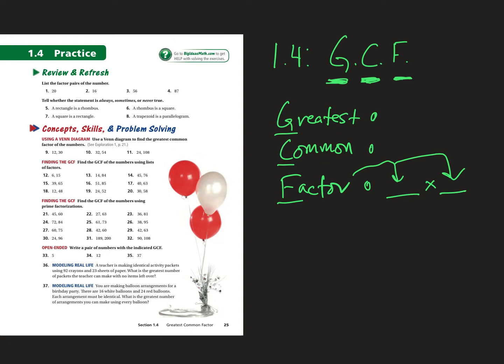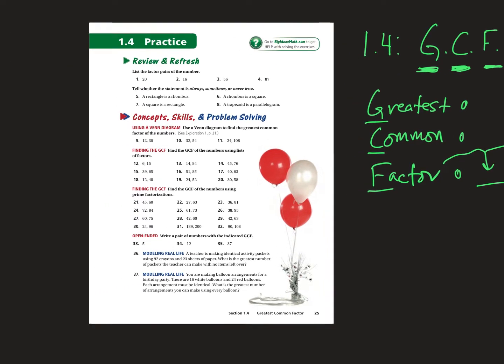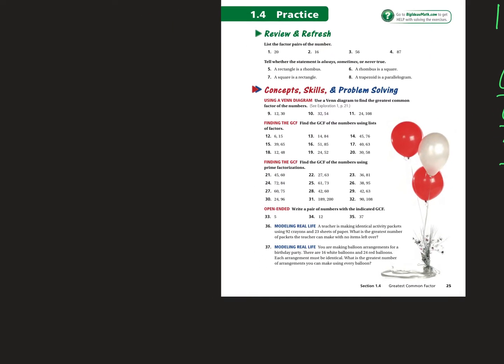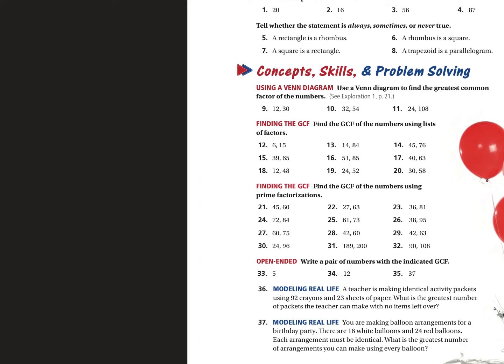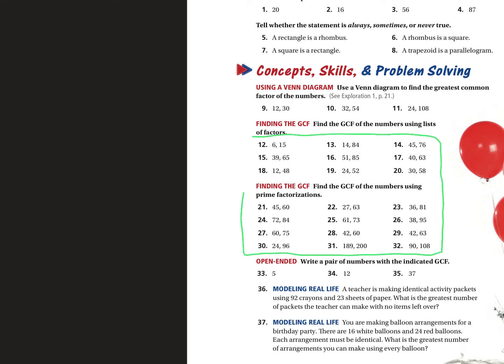All right, so the way we're gonna do this, on your math worksheet, we're really just gonna focus on 12 through 32. So we're gonna look at this area here. Now, in these instructions, it says to find the GCF of the numbers using lists of factors.